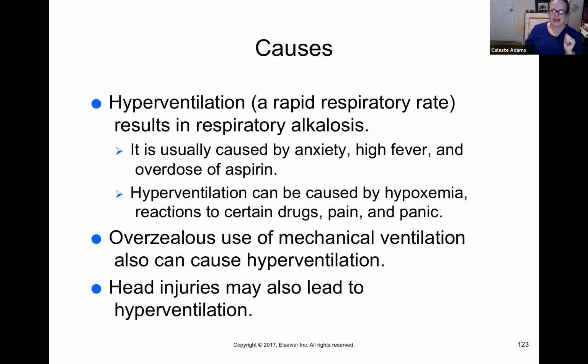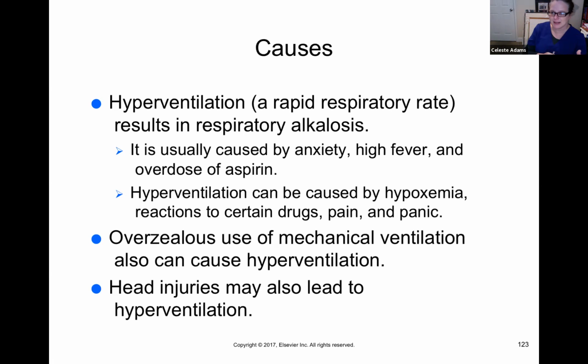Head injuries may also lead to hyperventilation. Somebody that has a head injury, it has to do with the brain stem and how it's connected to the lungs. They can hypoventilate too when they have a head injury, but they can also hyperventilate.